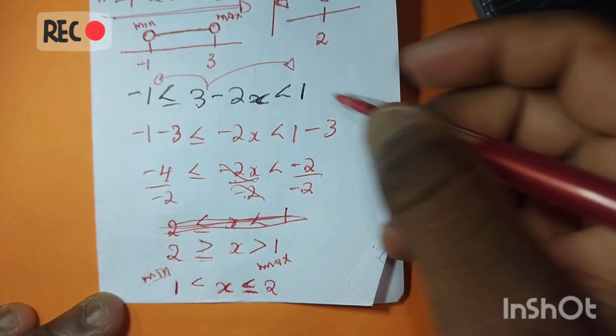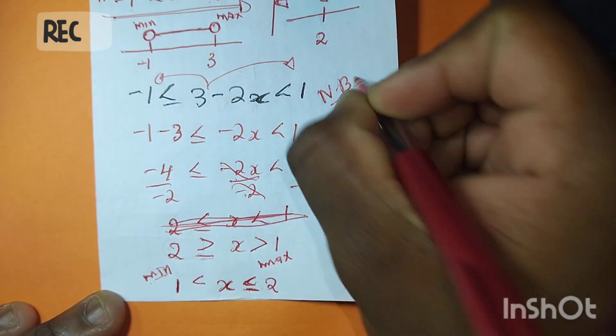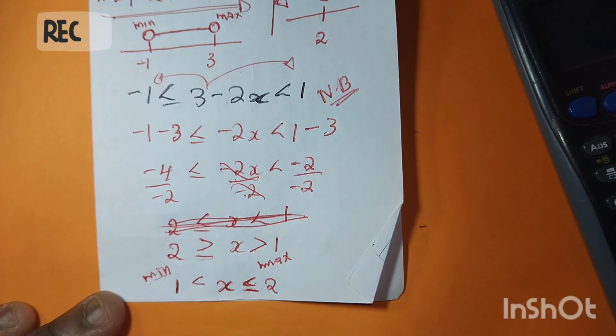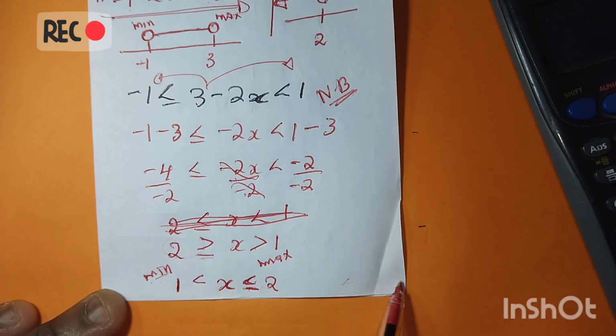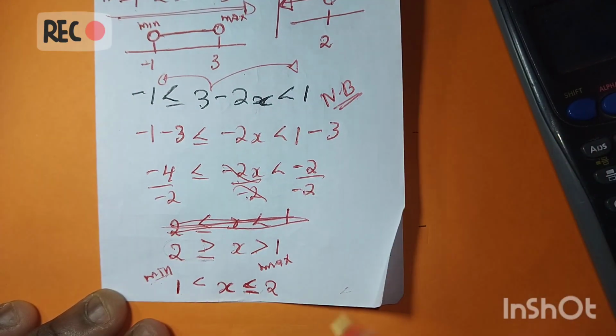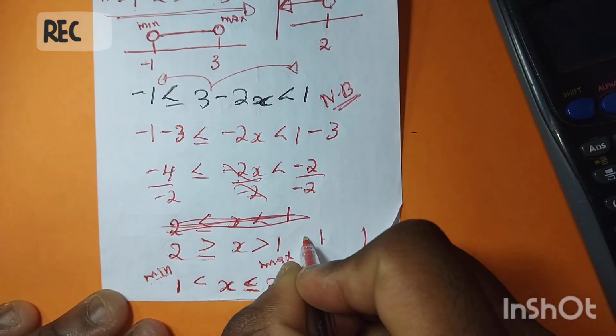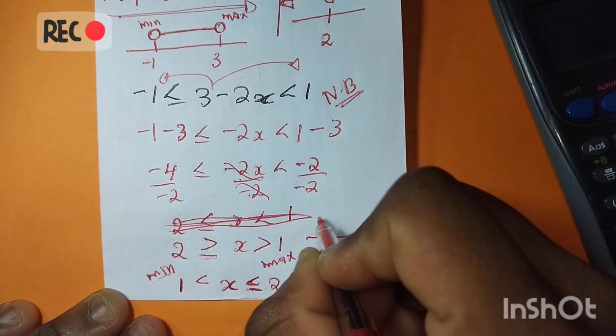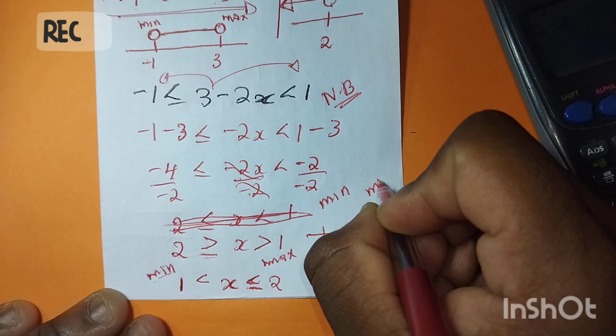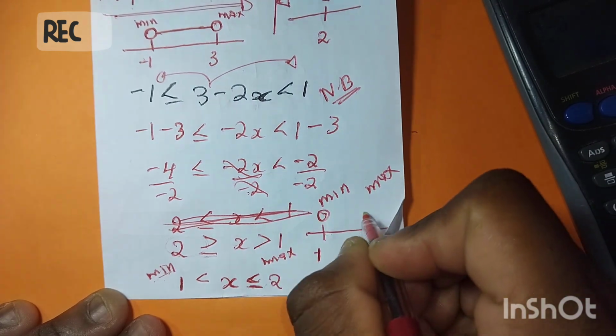This question is kind of tricky. Please take note of this kind of question. They like to come on a test. So this one is your final answer, by the way. Then for you to draw your number line, it will be straightforward. You've got 2 answers. Here we've got 1, and here we've got 2. Must be a minimum, must be a maximum. So here it's 0 and that.